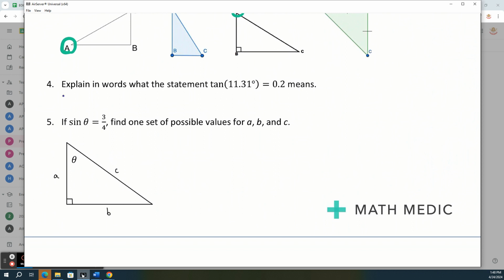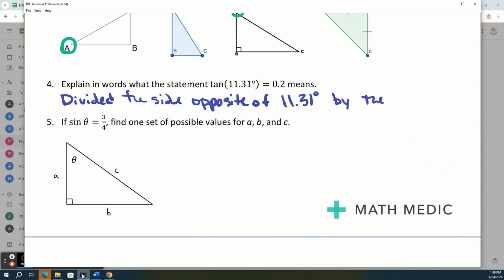Right, you divided the side opposite of 11.31 degrees by the side adjacent, and got 0.2 or 1/5, however you want to write it.